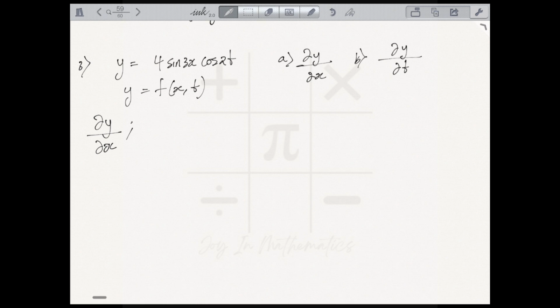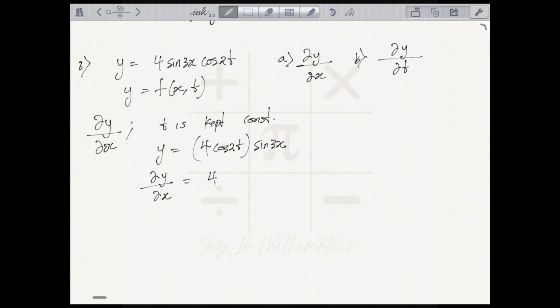So that means t in this case is kept constant. Therefore our y is 4 cos 2t multiplied by sine 3x. So for the partial derivative of y with respect to x, 4 cos 2t is kept constant.